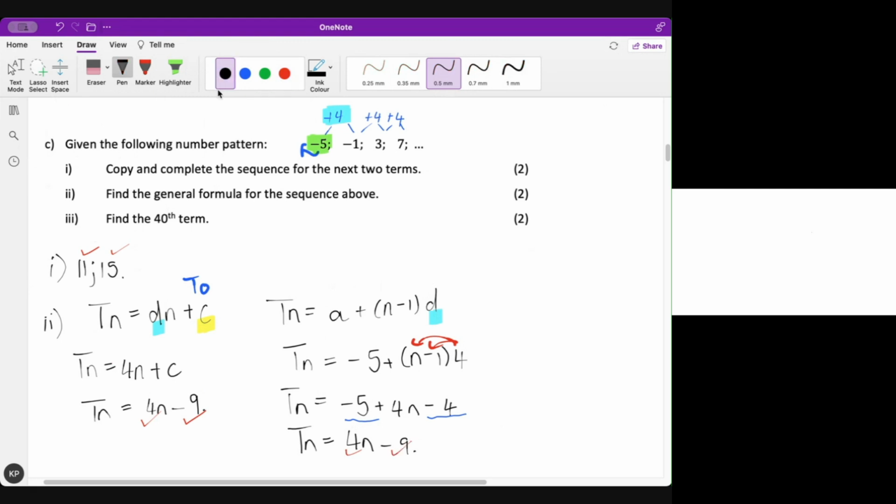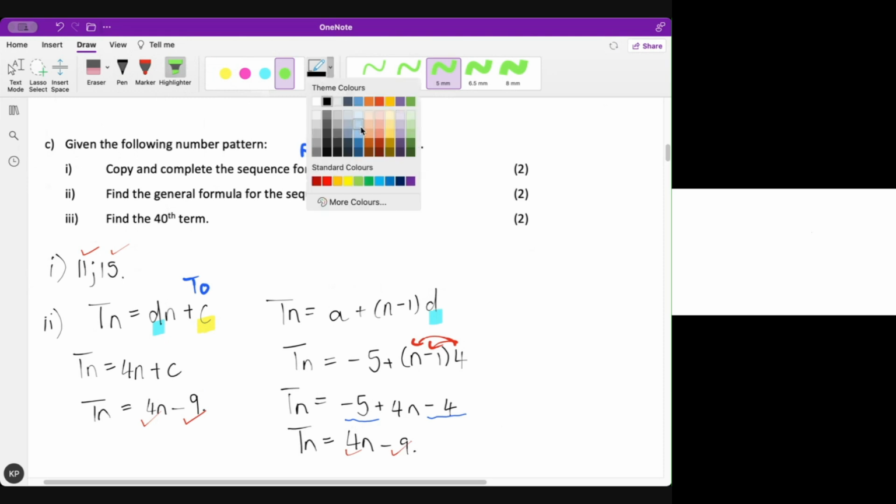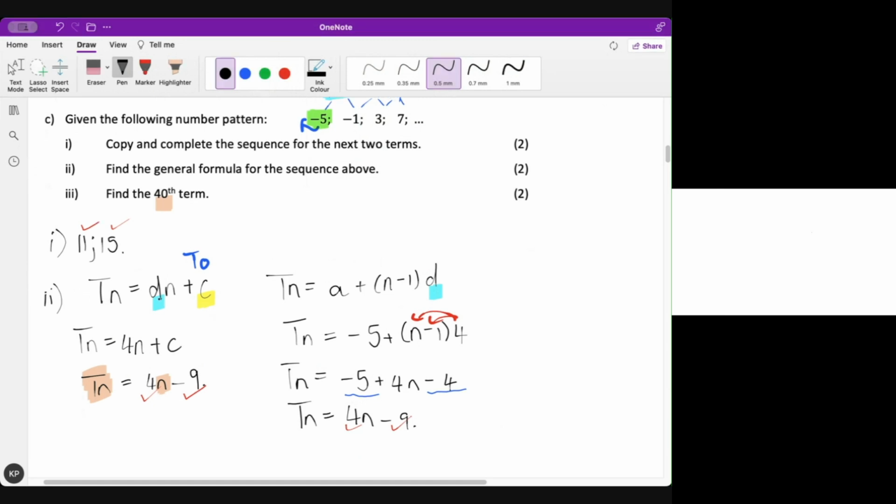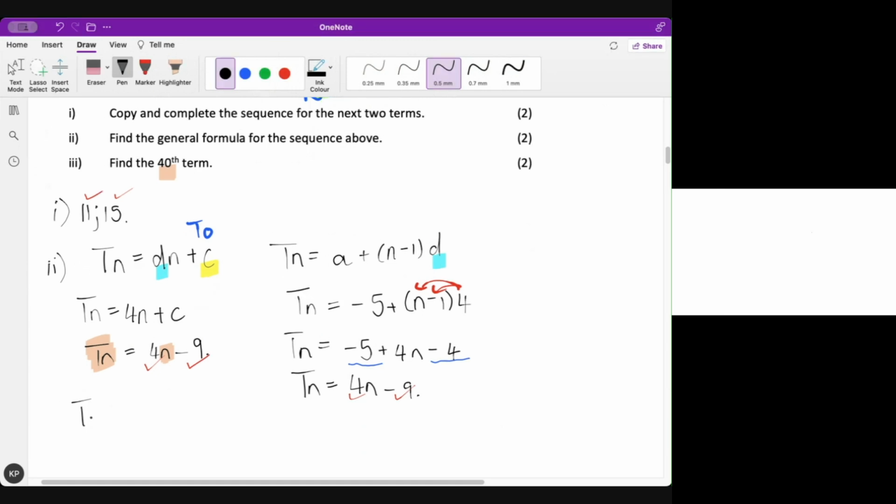Then it says find the 40th term. Am I going to substitute the 40 at Tn, or am I going to substitute it at n? At n. Beautiful, guys. So then term number 40 is equal to 4 times 40 minus 9, which is 151.